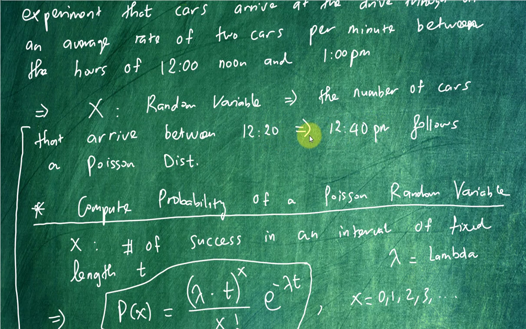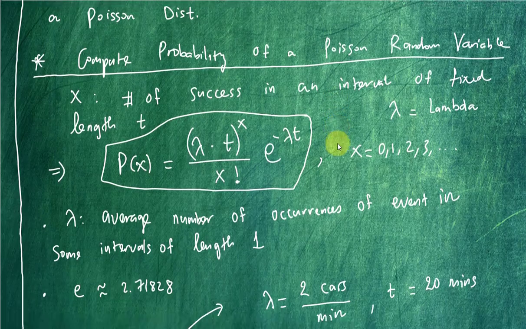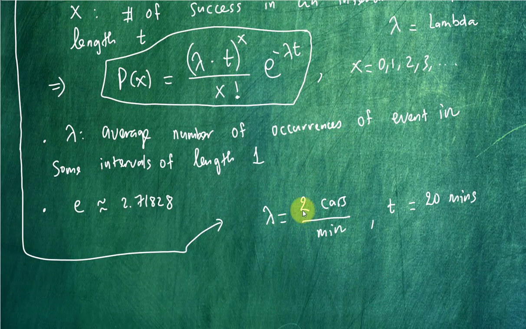So the timing for this fixed interval is 20 minutes, and the average value is 2 cars per 1, which is the occurrence of the event in the interval of length 1.